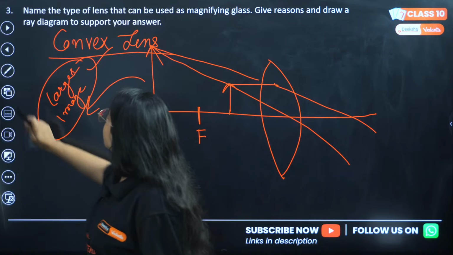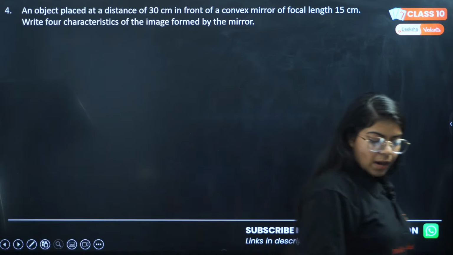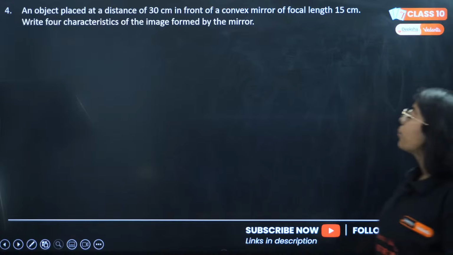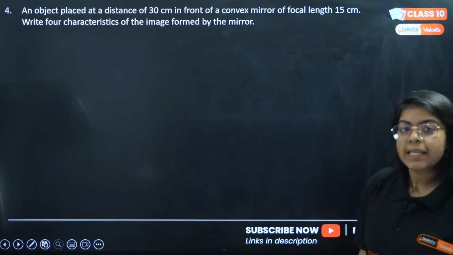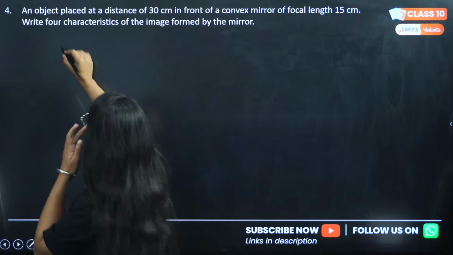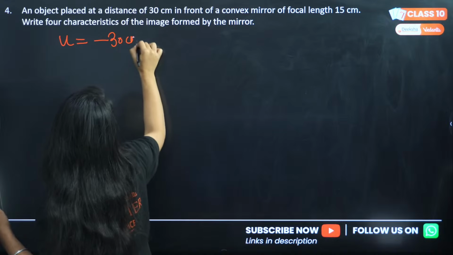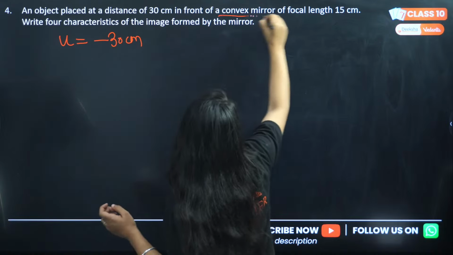Next question, question 4th. An object placed at a distance of 30 centimeter, so my u is minus 30 centimeter, in front of a convex mirror of focal length 15 centimeter.